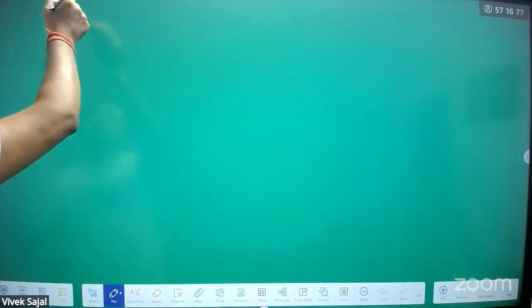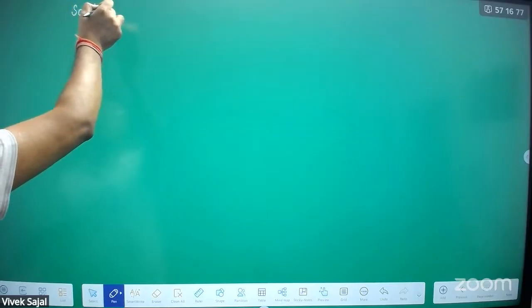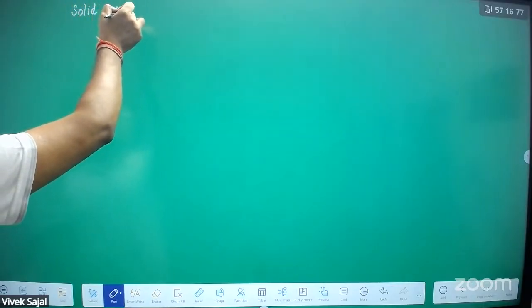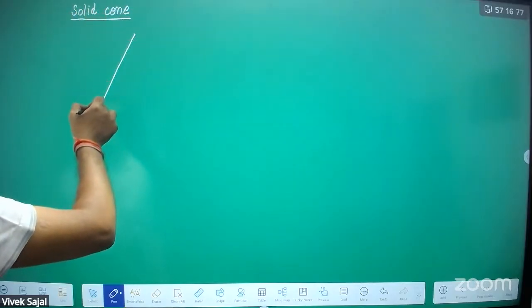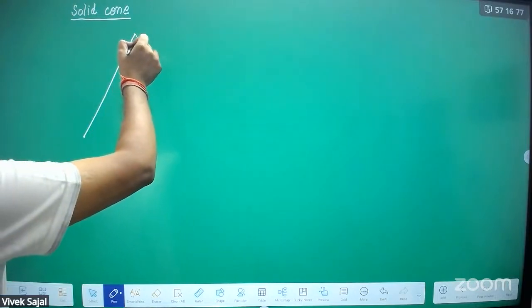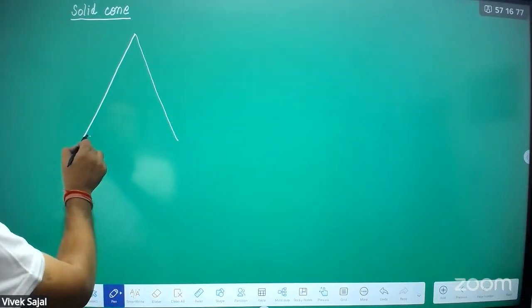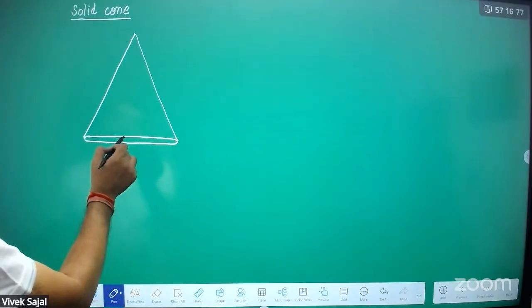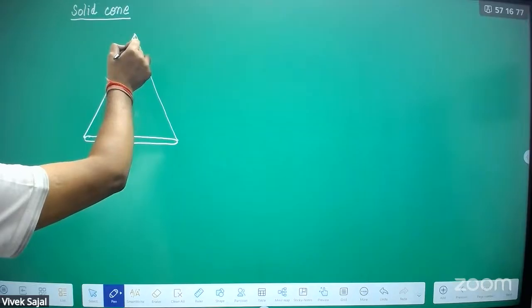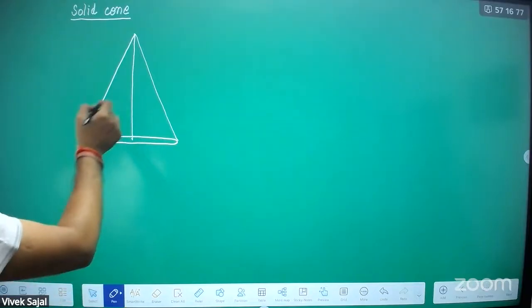Next, suppose you have a cone. I'm talking about a solid cone. So you have a solid cone like this. This is the base, and this is its symmetrical axis. Suppose the height of this cone is h.